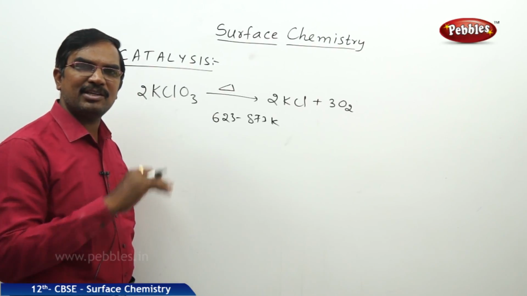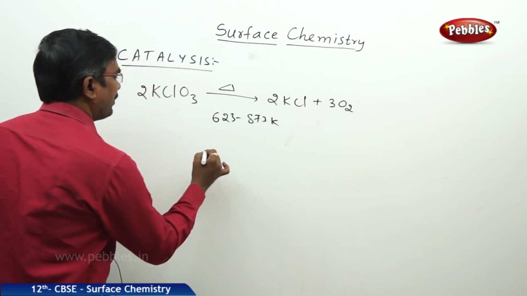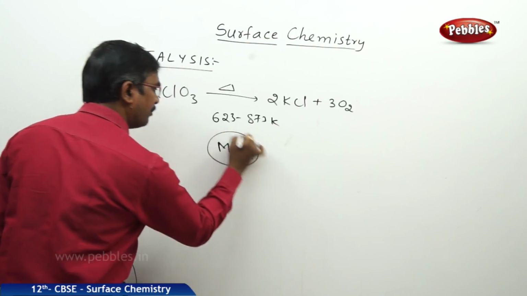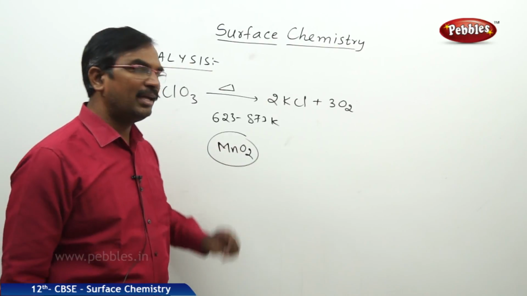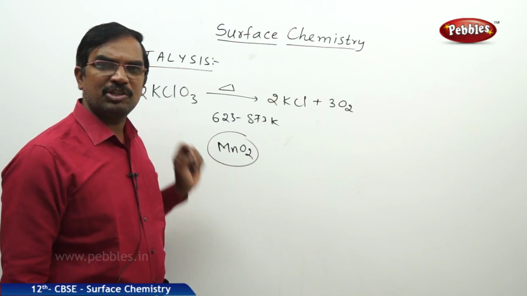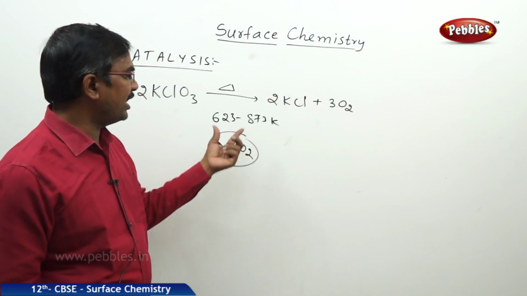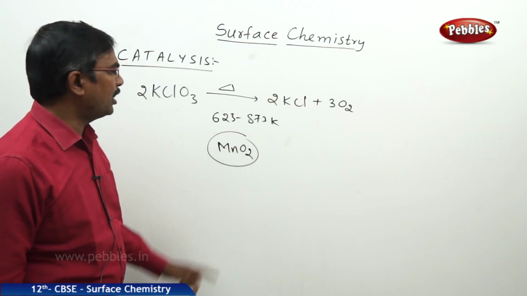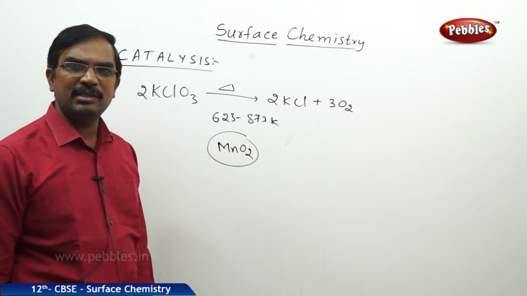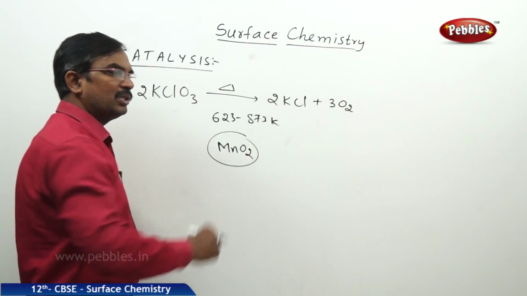Suppose the same reaction is carried out in the presence of manganese dioxide, MnO2. The reaction is the same, but for that we are adding the manganese dioxide. When we add the MnO2 to this mixture, it is observed that the reaction is carried out at a lower temperature, approximately in the 400 to 600 range, so that we can get the products easily.